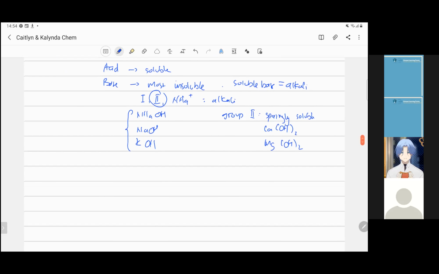Now, what about salt? Salt consists of two parts, the M part and the A part, the positive and the negative part. The rule for solubility for salt is, for the M part, if we have ammonium, potassium and sodium, the group 1, they are all soluble.